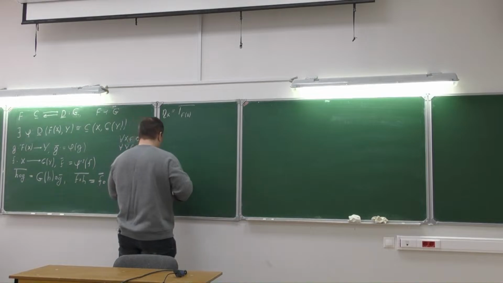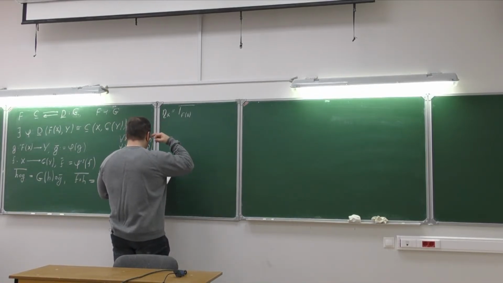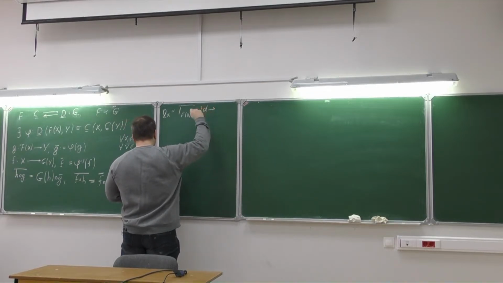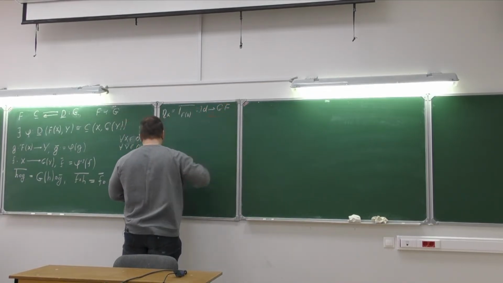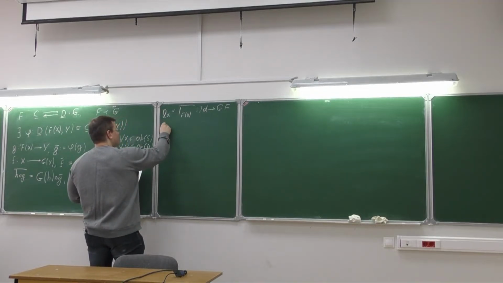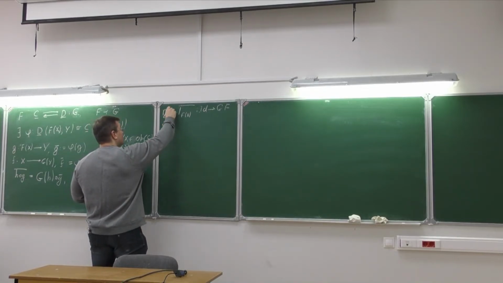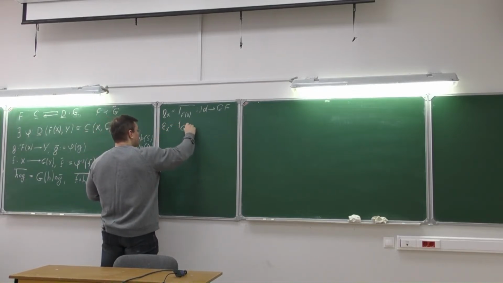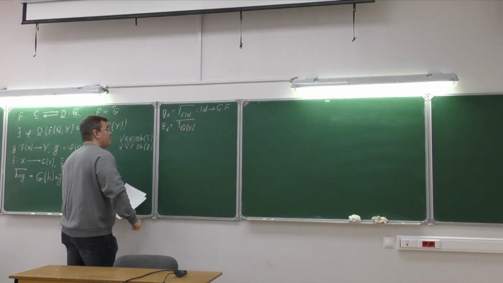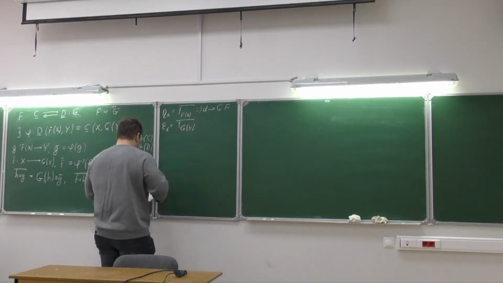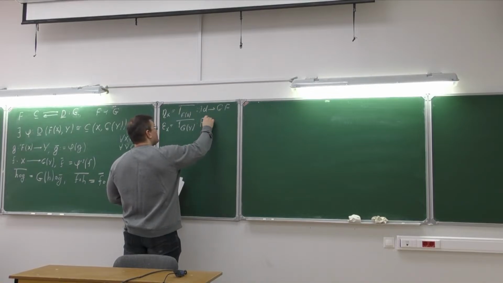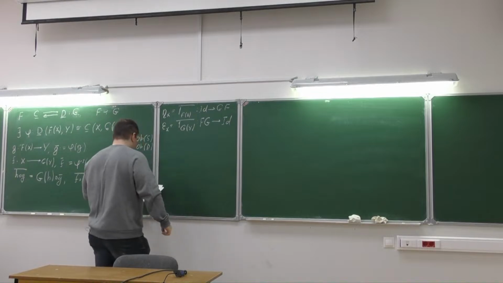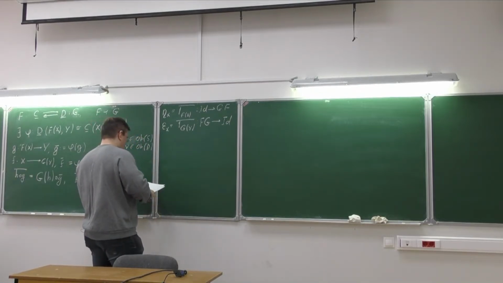So we can think about this as a natural transformation from the identity functor to the composition of functors G and F. So that is the unit, and of course there is a dual notion, the co-unit, which is by definition identity on the G of y with the bar, and we can think about this as the natural transformation from the composition of functors F and G to the identity functor.